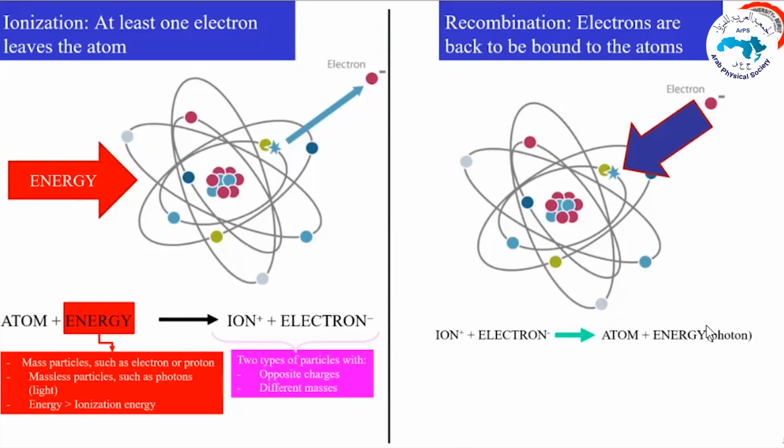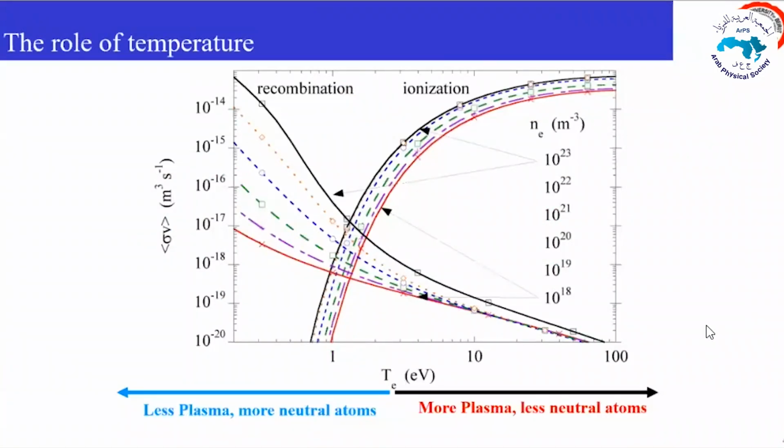So what is the main control parameter that allows us to have more ionized species than neutral species? The main control parameter is the temperature. What you see here is a graph. On the x-axis you have the temperature in electron volts, and on the y-axis the cross-section area. You can see the ionization cross-section and the recombination cross-section on the same graph.